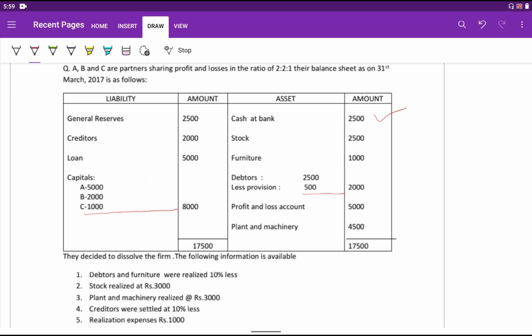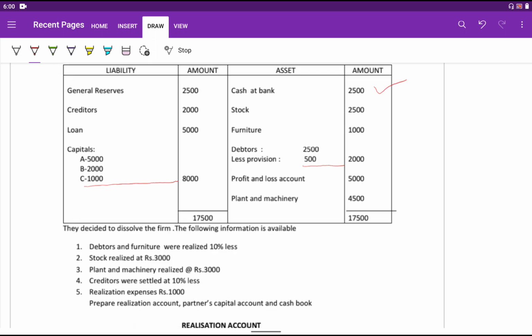Accumulated profit and losses means the profit and loss account, general reserve, workmen compensation fund, these kinds of things that we will adjust same like admission and retirement. That means we will directly post into partners capital account. Except these three things, everything we will transfer into realization account.